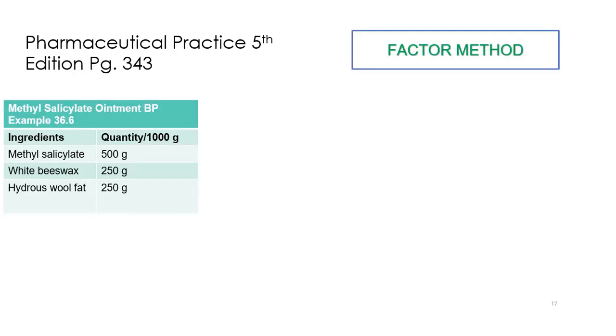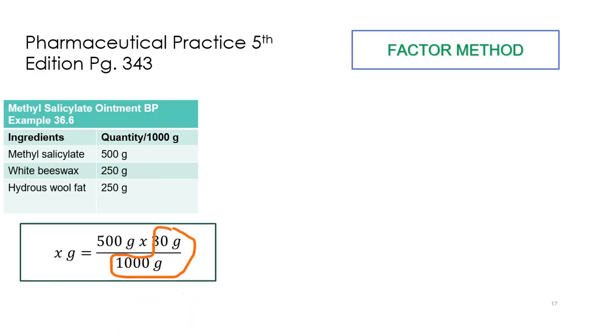Now there's still another method that you can use, which is the factor method. The factor method is looking at the pattern of what you're doing to see the decimal that you're reducing the calculation by. So when you set up your calculation, 500 times 30 over 1,000, 30 is actually over the 1,000.